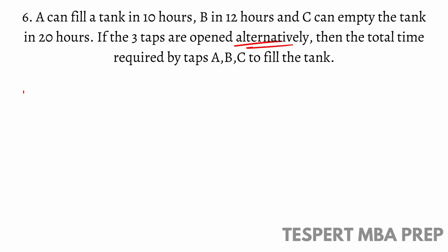So alternative, what does this mean? At first, the first tap is opened, and after that this will be closed, and the second tap will be opened next. And when this is opened, A and C will be closed, and when C gets opened next, A and B will be closed. So alternatively, these taps will be opened.